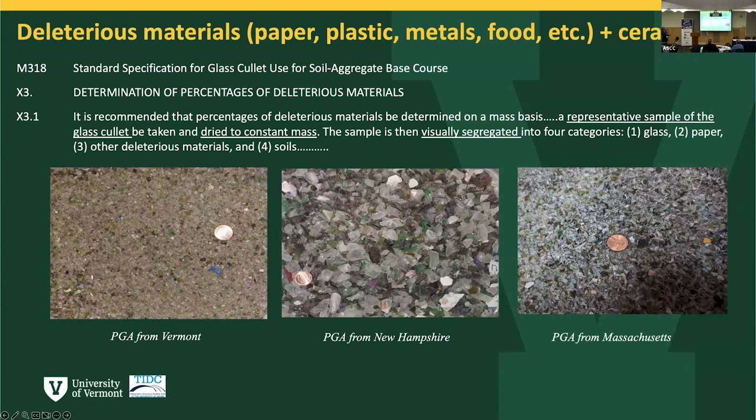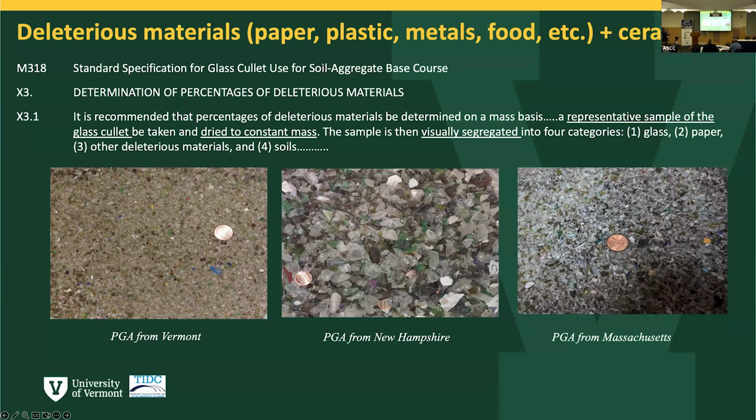So here are 3 samples of PGA, one from Vermont, one from New Hampshire, and one from Massachusetts. And there is a US penny in each picture. So you can tell it's not quite possible, particularly for one from Vermont and one from Massachusetts, to figure out, oh, this looks like peanut butter, let's separate it out, right? Or paper or plastic.